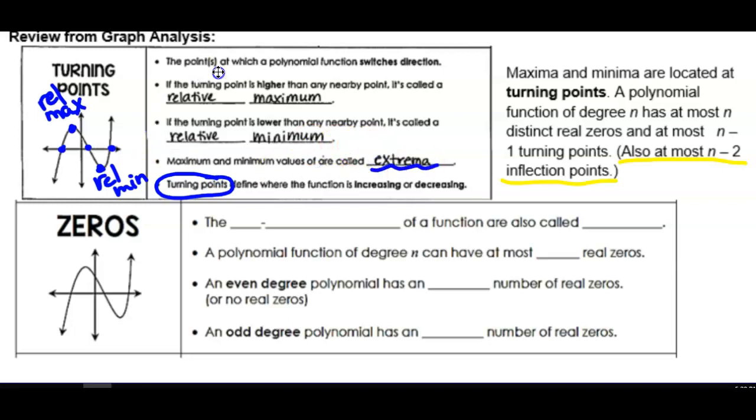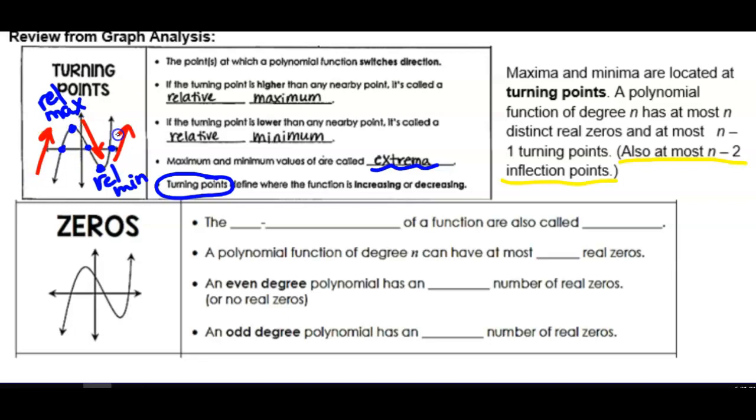It says the points at which a graph switches direction. If that's the highest point in that area, it's a max, lowest, it's a min. They are called extrema, and the turning points, or maxes and mins, indicate where it turns from increasing, decreasing, increasing. Remember, you go left to right.